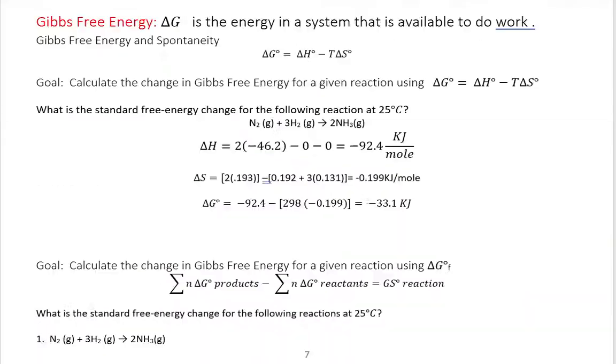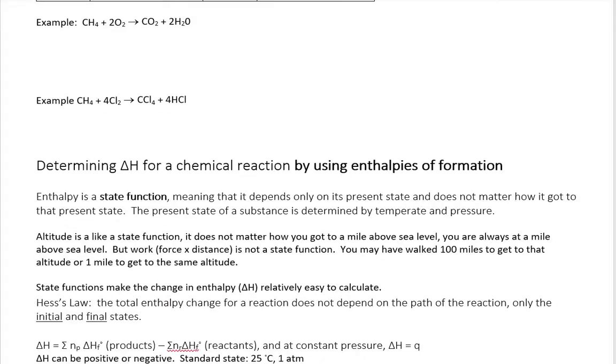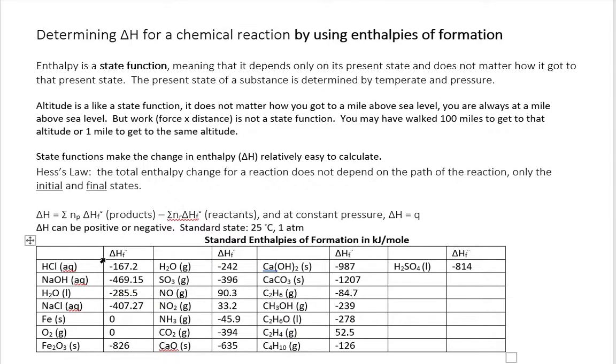But I'm just simplifying it here because I just want you to focus on the enthalpies of formation. So our formula says that the change in enthalpy is going to be equal to the sum of the enthalpies of formation of the products minus the sum of the enthalpies of formation of the reactants. And we are holding the pressure constant. So in that case, the heat generated is the same thing as the change in enthalpy.